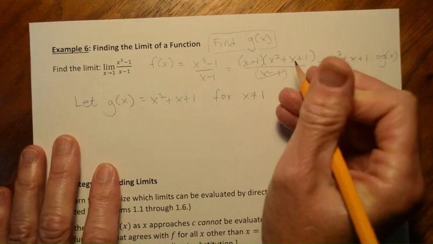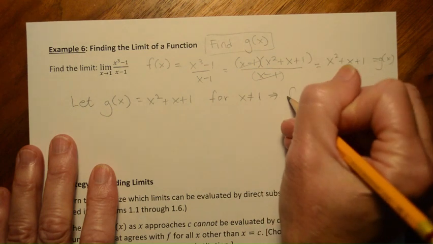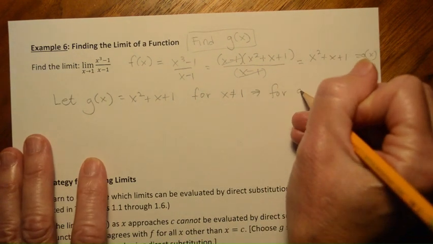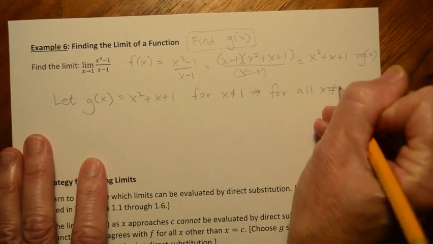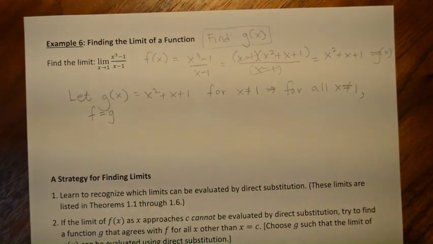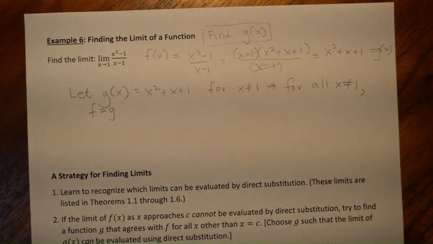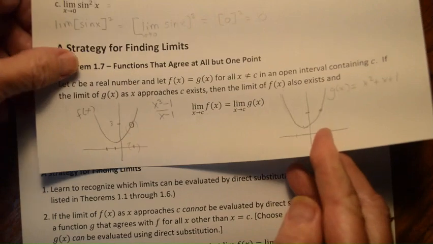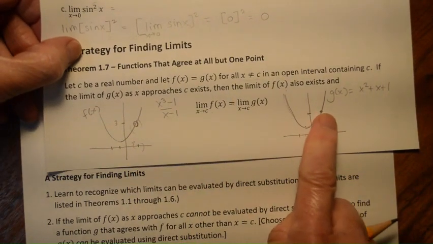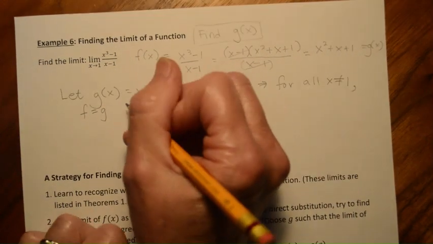Then we can say for all x not equal to 1, f is identical to g. They behave exactly the same way. Again, we look at this picture back here and say, yep, they're the same except at that one spot.